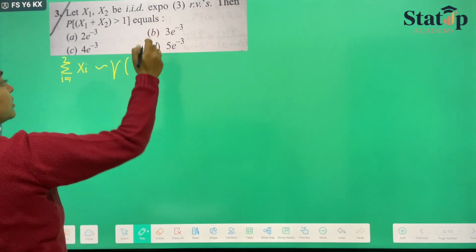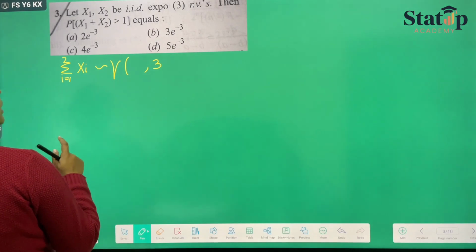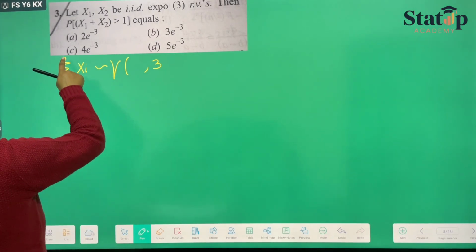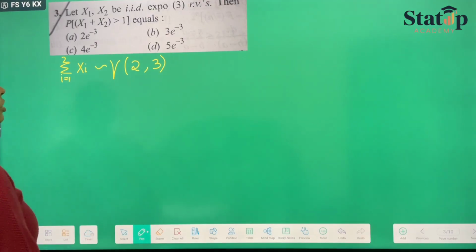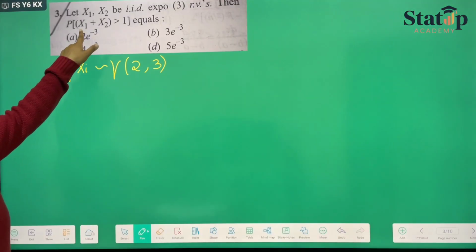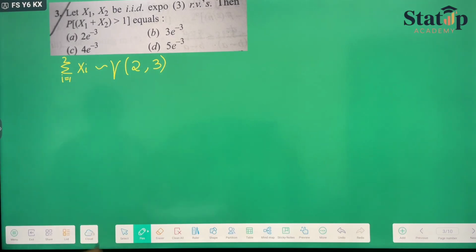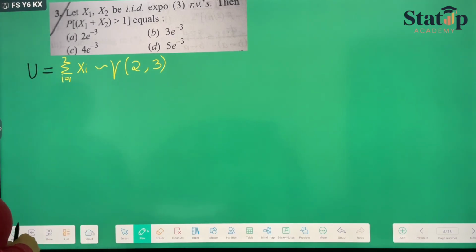Now exponential is 3, so lambda will be equal to beta will be equal to 3, and they have given us n is 2, so lambda is equal to 2. So this forms our gamma distribution, and they have asked us to find the probability of x1 plus x2, which is this only. So let us consider this as u. So summation of xi we have considered as u.